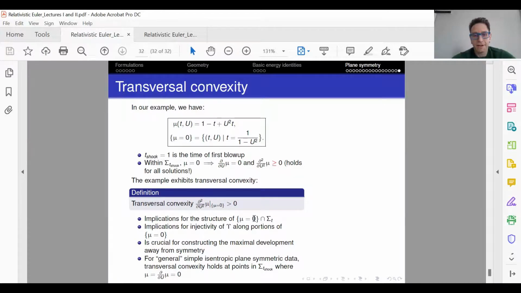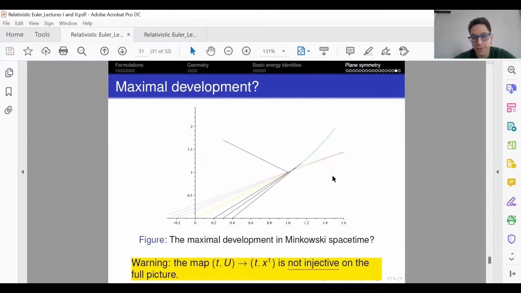In t, u coordinates, it's just a level set of some smooth function, intersected with sigma t, right? So that can have really complicated structure, and it certainly doesn't have to consist of isolated points.